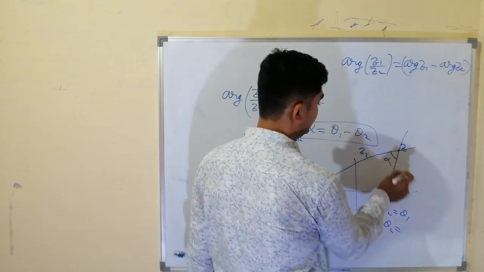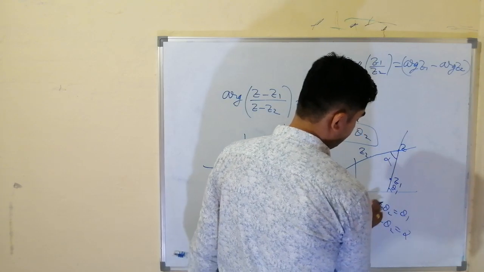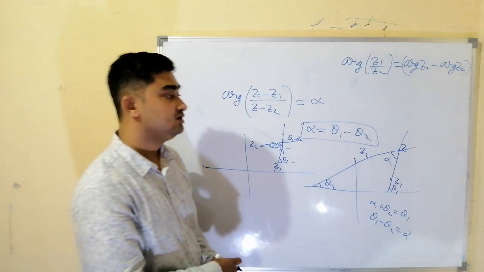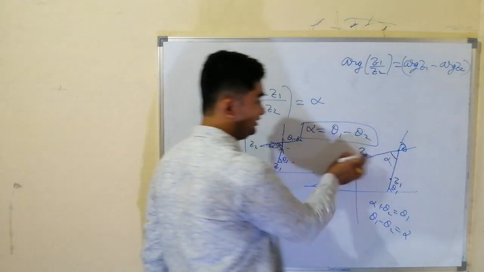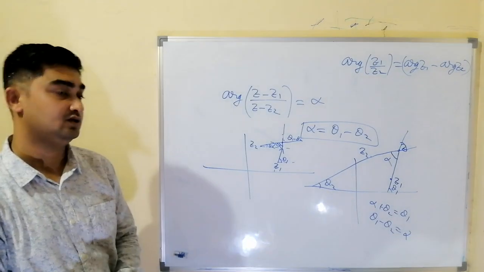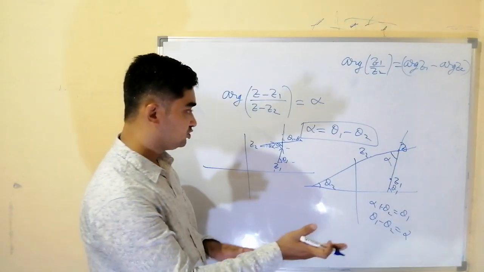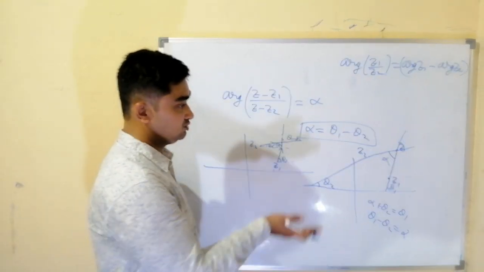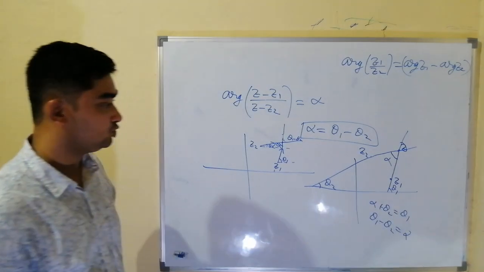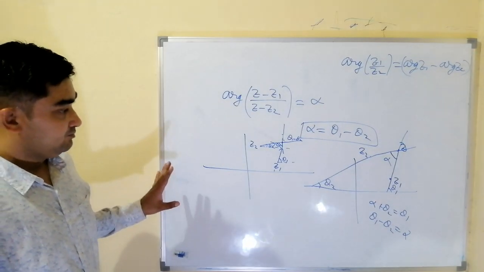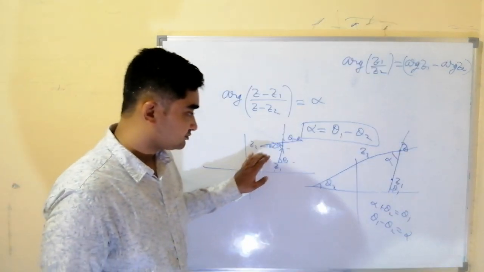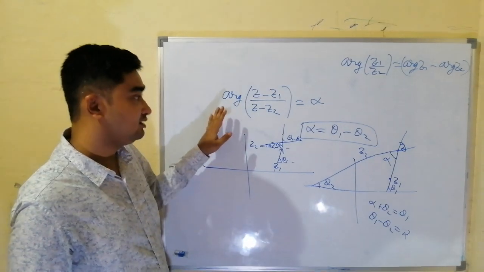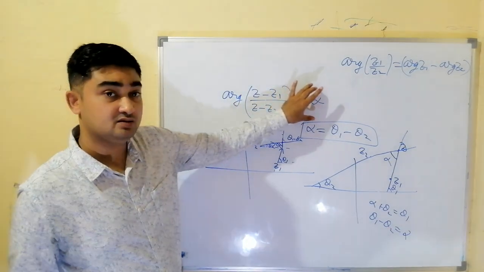So this is actually alpha, because the exterior angle is equal to the sum of the interior opposite angles. Or otherwise we can extend it, and then also we find it is theta 1 minus theta 2, because both are making angles theta 1 and theta 2 with the same line, the x-axis. So the angle between them is theta 1 minus theta 2. So what we have understood is that this is given to us, and we are trying to learn that this is the equation of a segment of a circle.